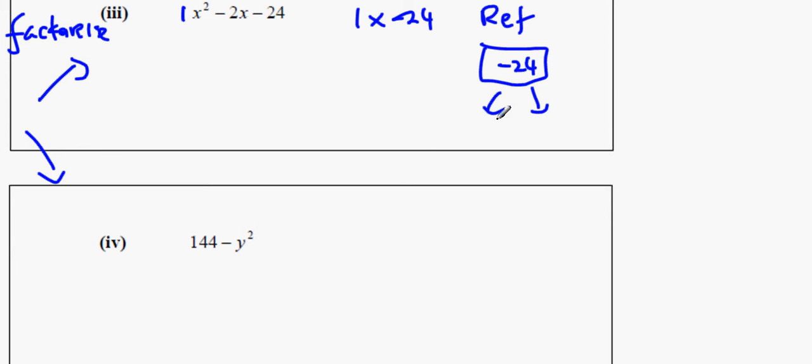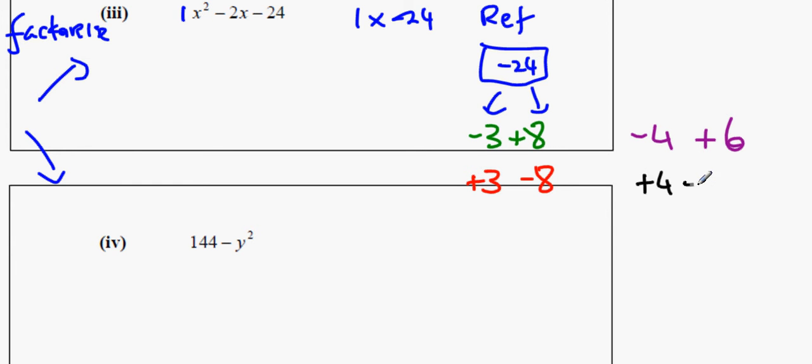So there's lots of options here. We could go for minus 3 plus 8. We could go for plus 3 minus 8. We could maybe want to go for, let's say, minus 4 plus 6. Or another option could be simply plus 4 minus 6.